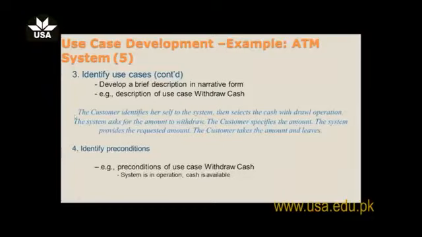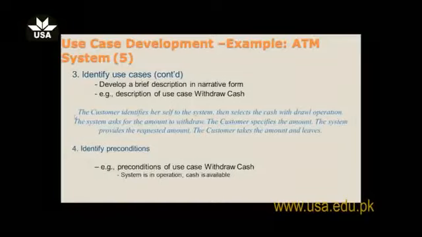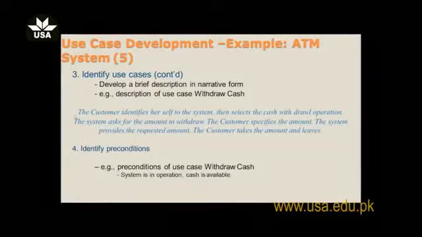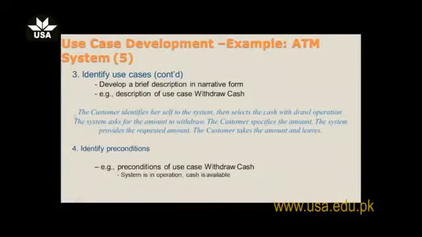If we want to withdraw the cash, that means an ATM machine should have cash, right? If cash does not exist in the ATM machine, then you won't be able to make that transaction possible. So a system should be in working order, and the system must have cash. If both conditions are not satisfied, that means a customer, a stakeholder, a user cannot communicate with the software application.